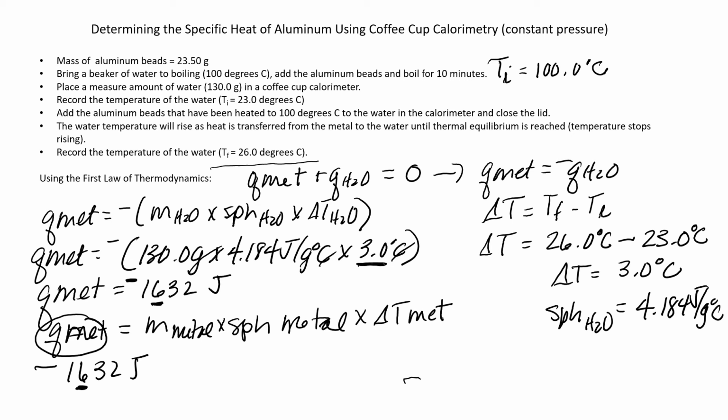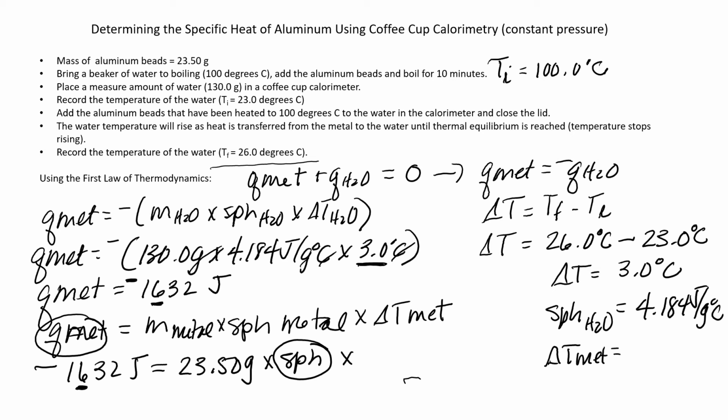I don't think I allowed another slide for this. I'm going to try to cram it in here. The mass of our metal is 23.50 grams. The specific heat is what we're trying to find. It's unknown. And now we have to calculate delta T of the metal.